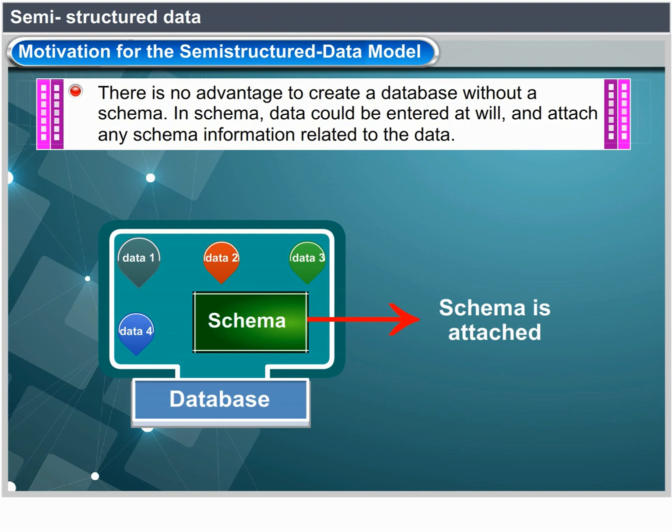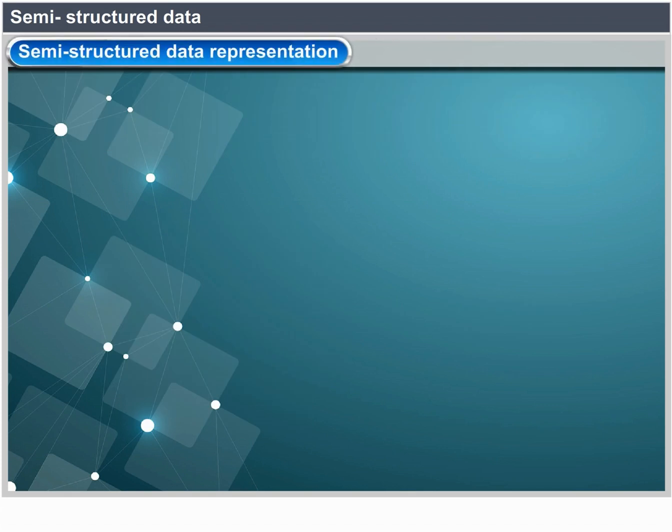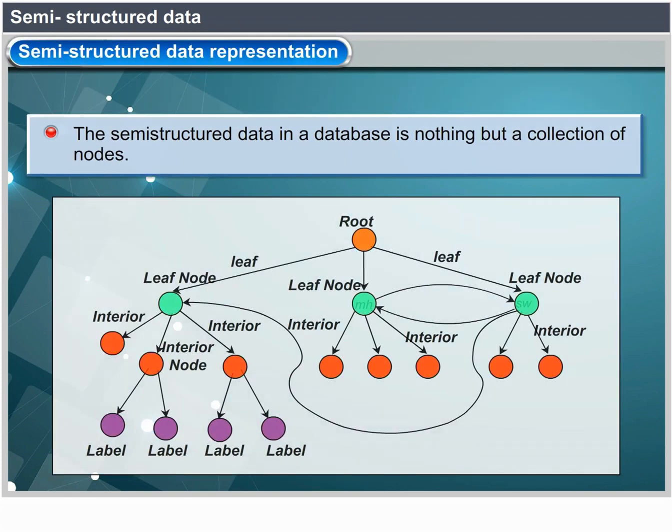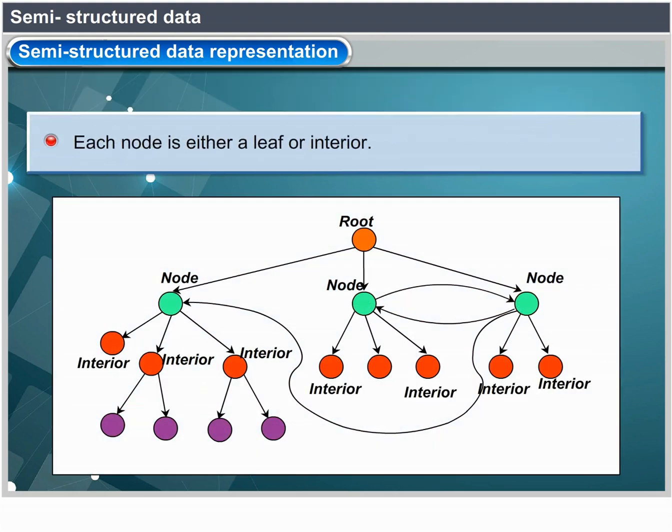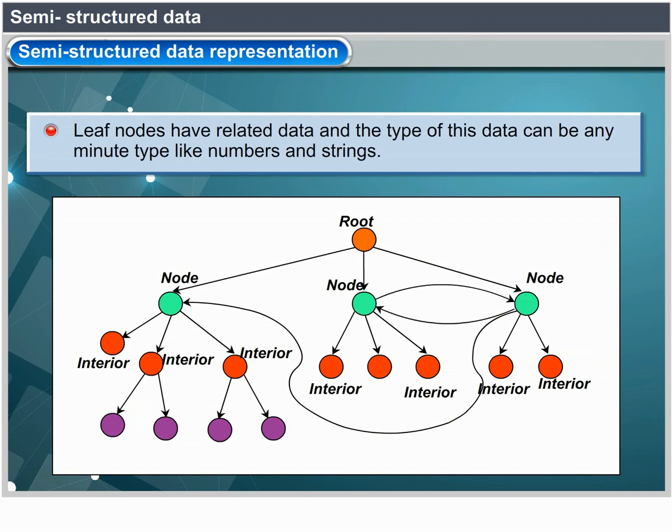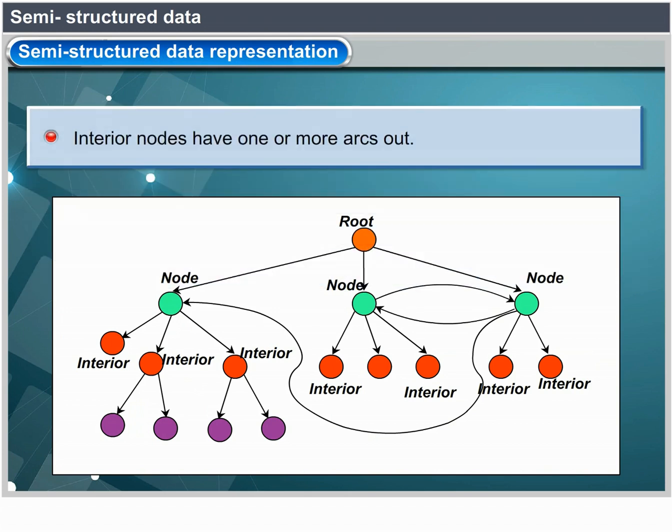Semi-structured data representation. A database of semi-structured data is a collection of nodes. Each node is either a leaf or interior. Leaf nodes have associated data. The type of this data can be any atomic type such as numbers and strings. Interior nodes have one or more arcs out.